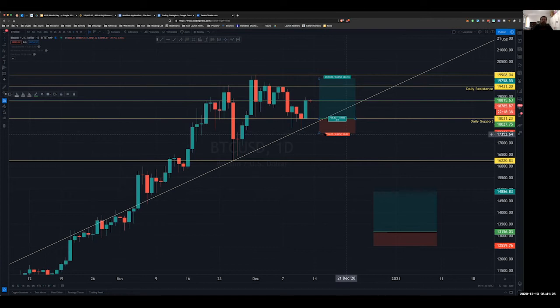So say we bought in at this level, right? And that price is 18,031. As I move this risk level up and down, you see the percentage changes and the value changes to the right.